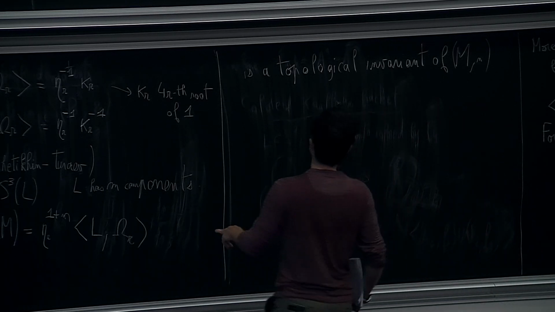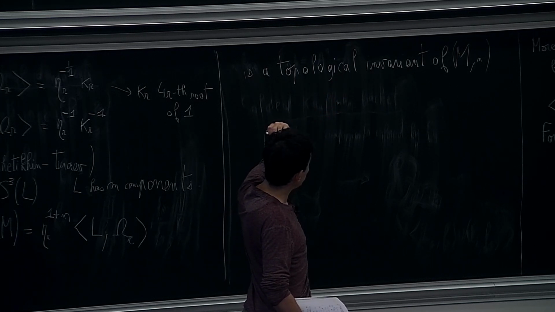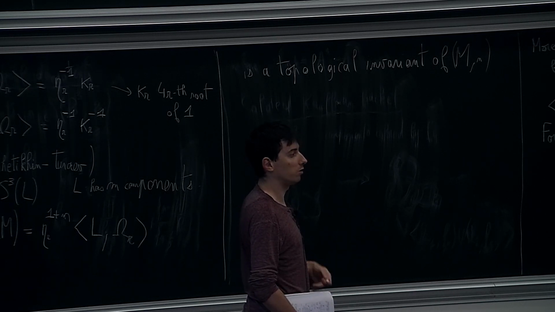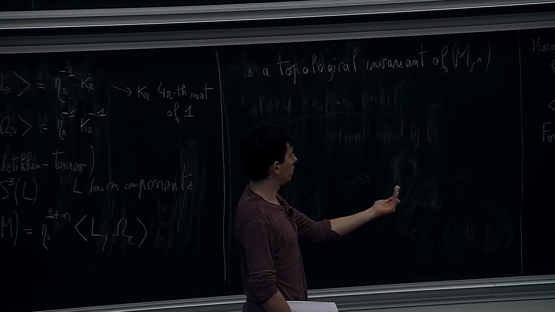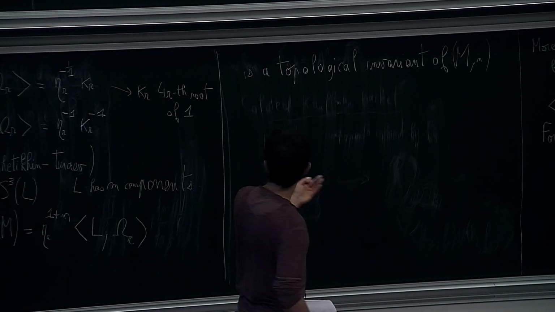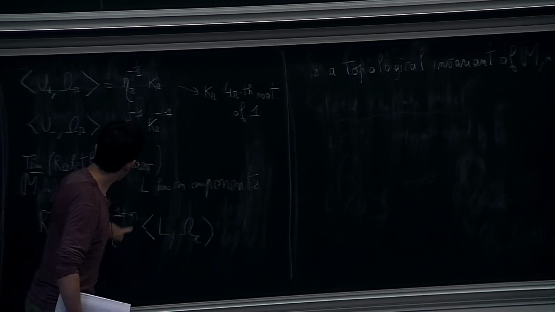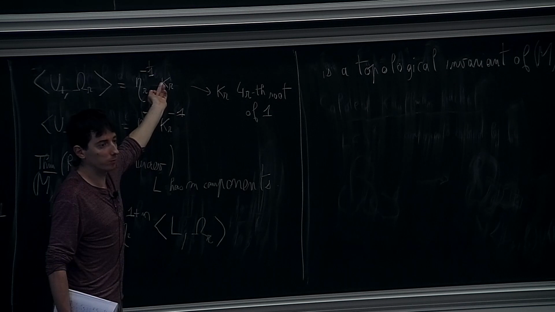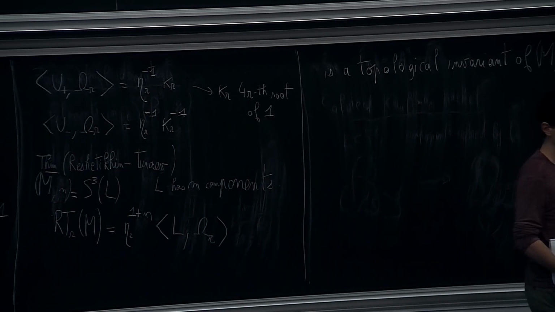You see here that when I apply the Kirby move K1, when I add a framed unknot with framing 1, I'm adding 1 to the signature of the linking matrix. And I have one more component, so I have eta r times eta r inverse times kappa r. So I'm just multiplying the invariant by kappa r. So that's the effect of the Kirby 1 move.